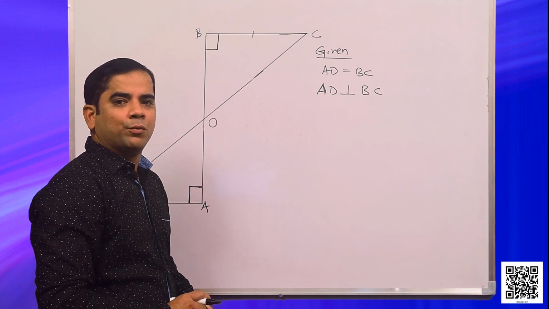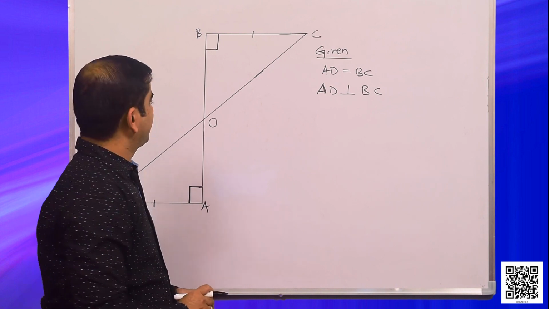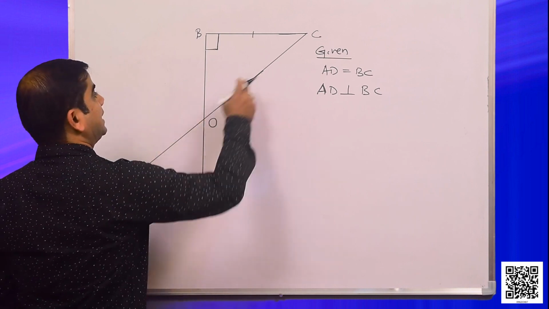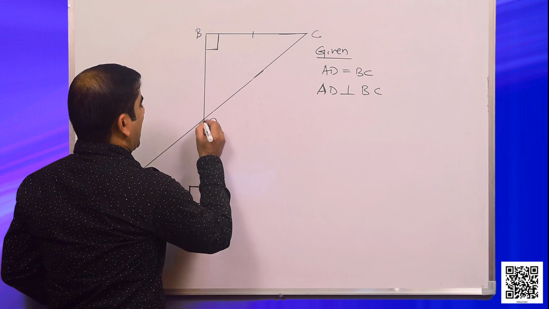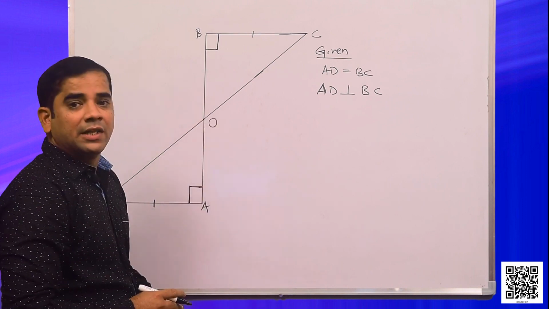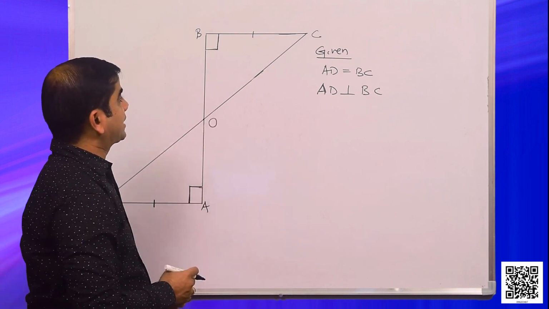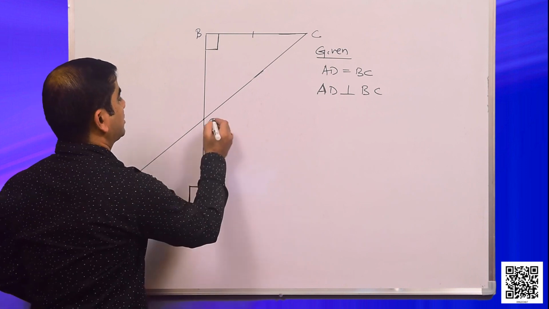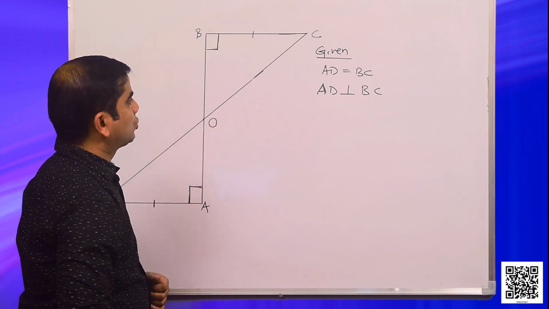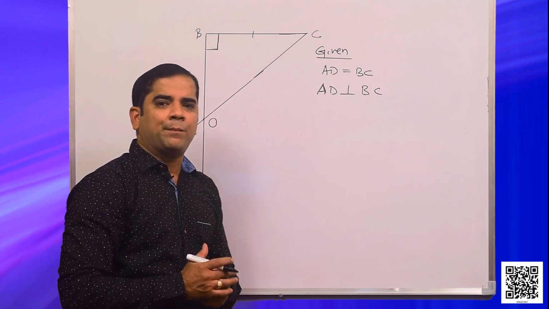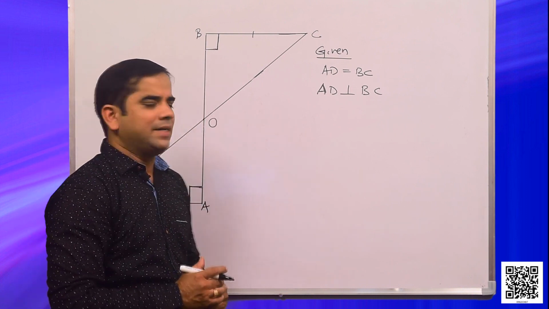And we need to prove that CD bisects AB. That means this line CD bisects AB. So, I have given the point of intersection of AB and CD as O, as it is given in your book. Okay. So, how can we prove that CD bisects AB?